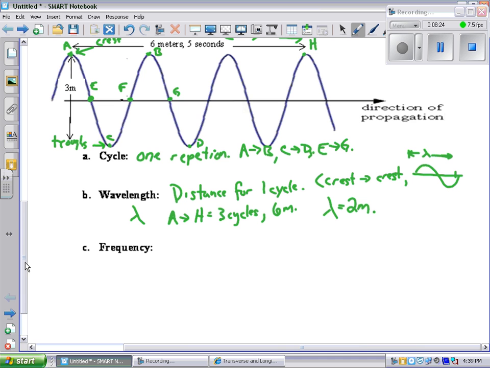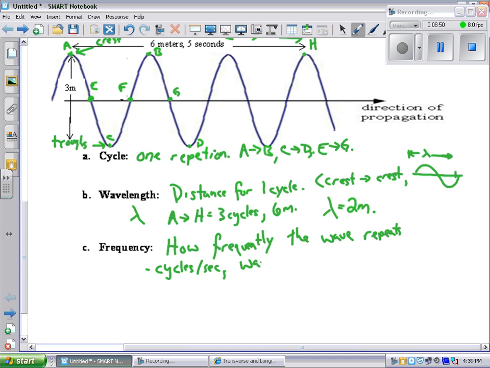Our frequency is how frequently the wave repeats. Okay, it is the number of cycles per second, sometimes you see it that way, or the number of waves per second. And the letter for it is going to be F for frequency.